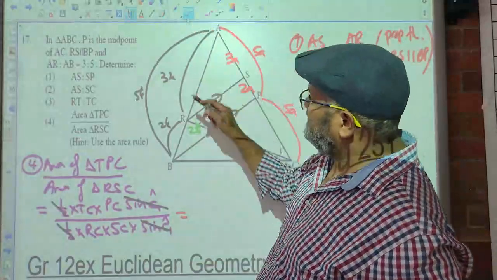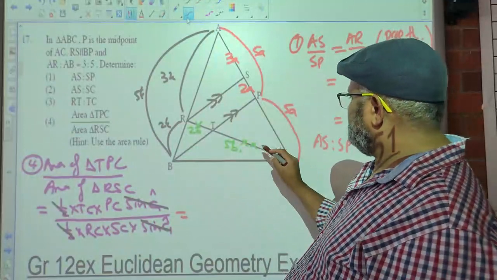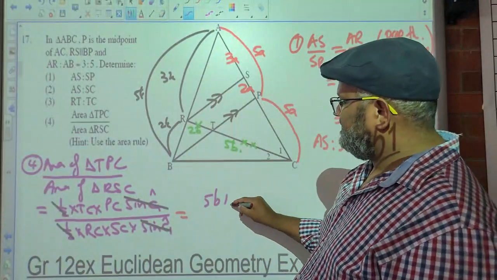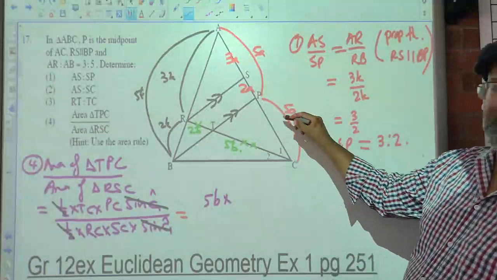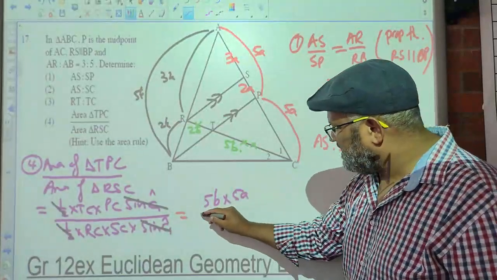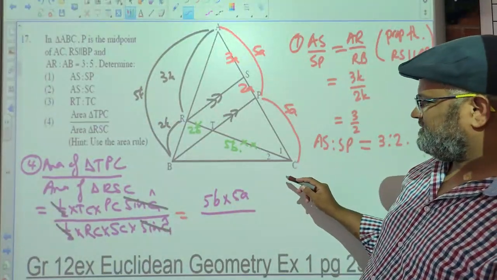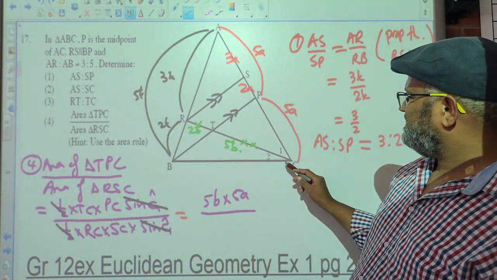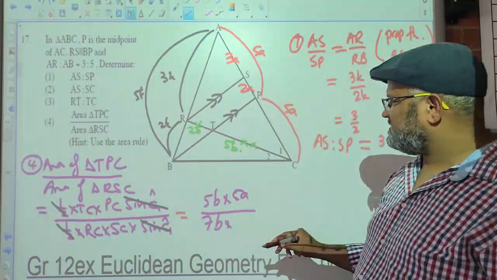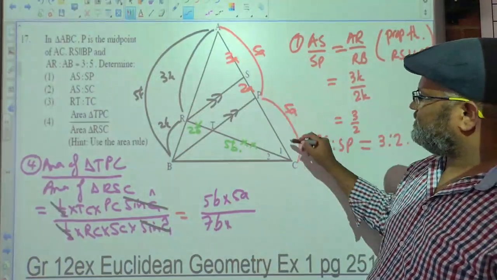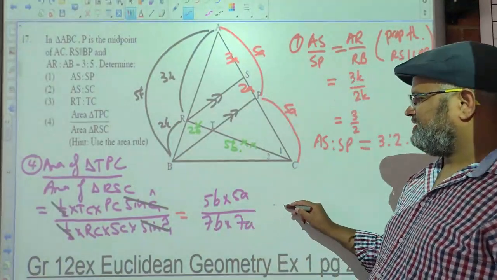We are left with TC, which is 5B, times PC, which is 5A. Can you see that? Over RC, which is 7B, times CS, which is 7A.